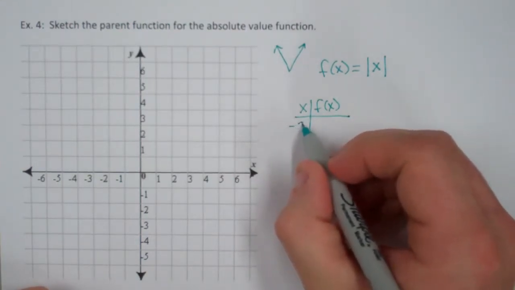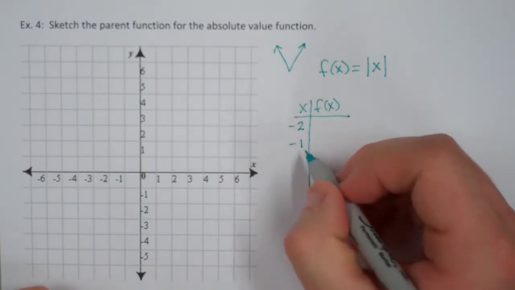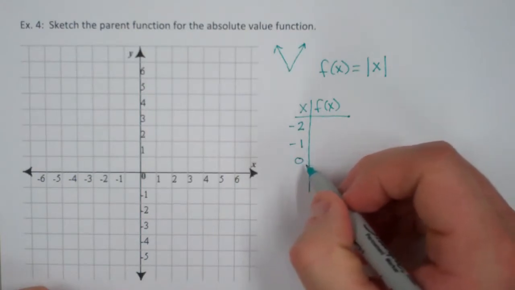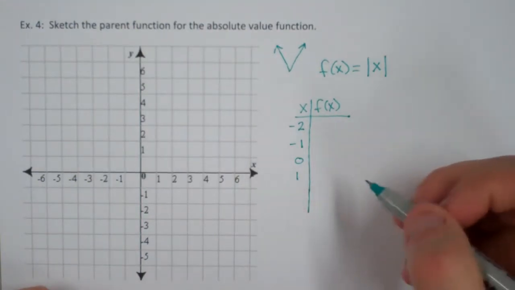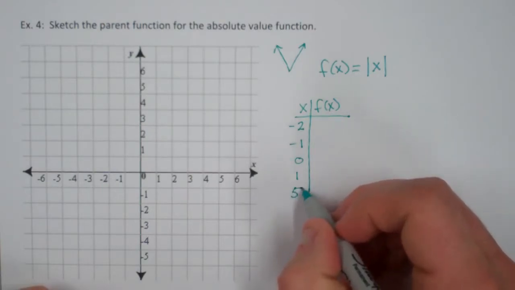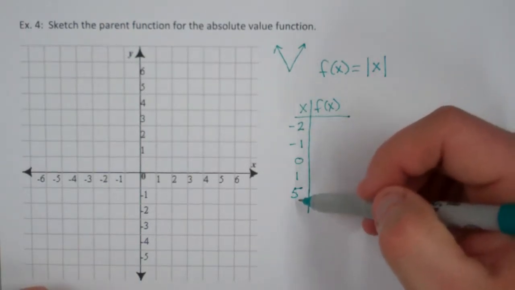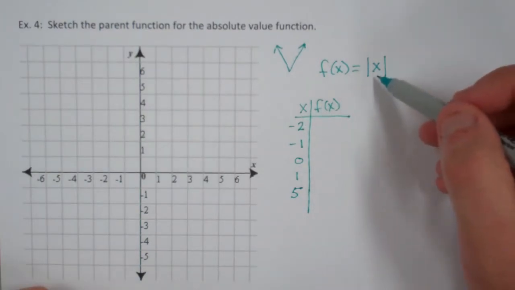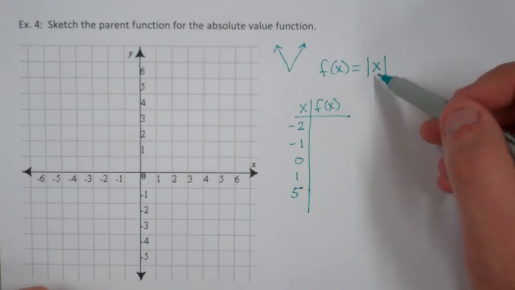Let's choose inputs of -2, -1, 0, 1, and just for grins, let's pick something a little bit higher, maybe 5. The inputs can be really whatever you want, but you do have to look at the function and see which values might work. So for this one, any negative or positive value would work.